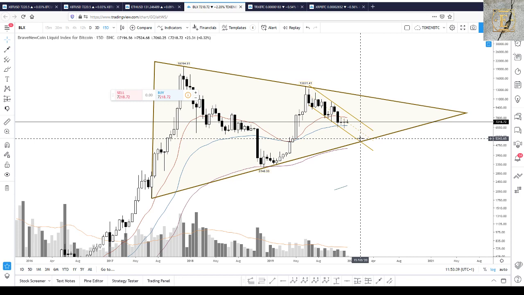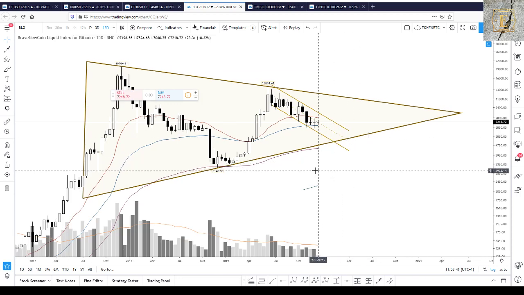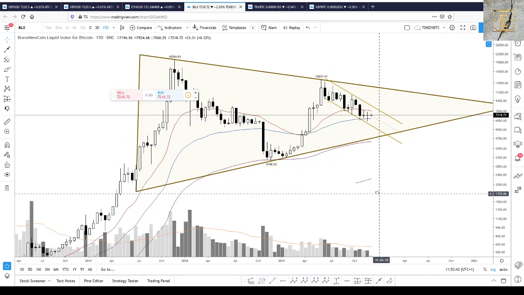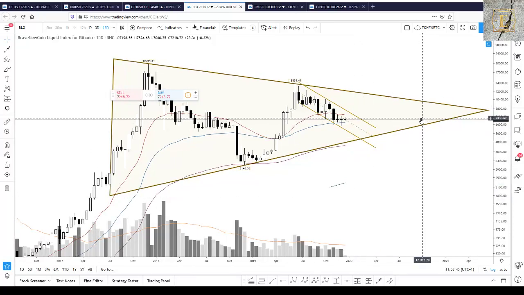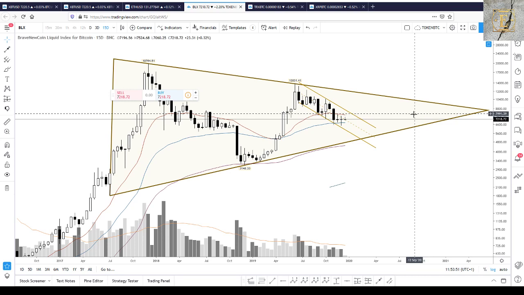touching the 5K area. Okay, now this 15-day chart is difficult to understand because we have the 21 moving average on one side acting as a resistance now, and the 15 moving average acting as a support now. So it's very stressed, so a big movement is going to happen the next month.